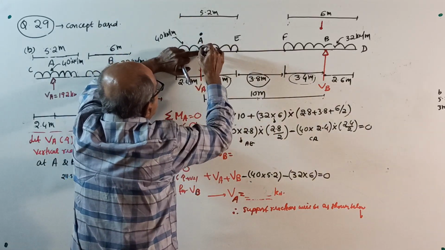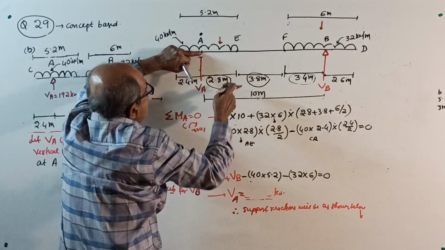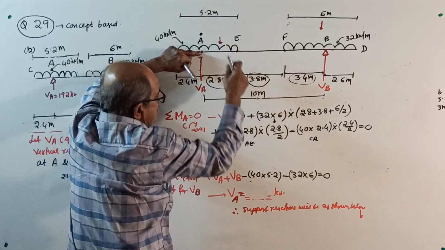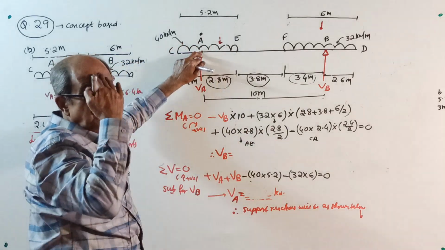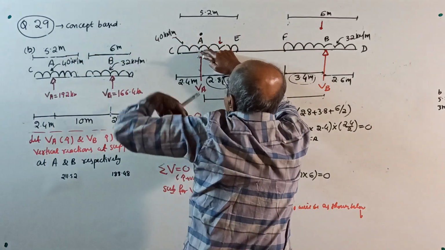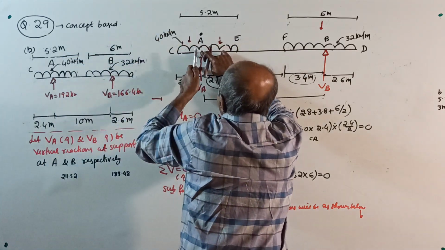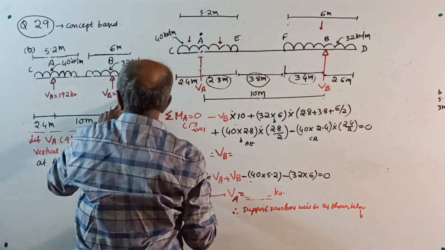See now, this much UDL. 40 into 2.8 is the total load, into 2.8 by 2. First of all, I should not tell all these things, it was told many times earlier. Then minus this load, 40 into 2.4 into 2.4 by 2, equals 0. Your VB will come. I already calculated there.